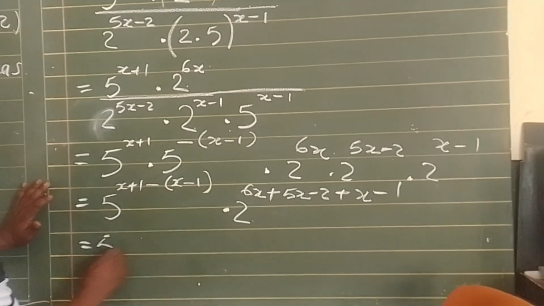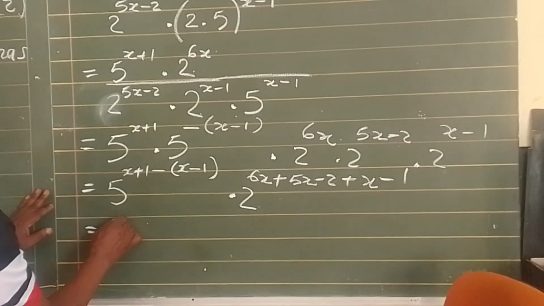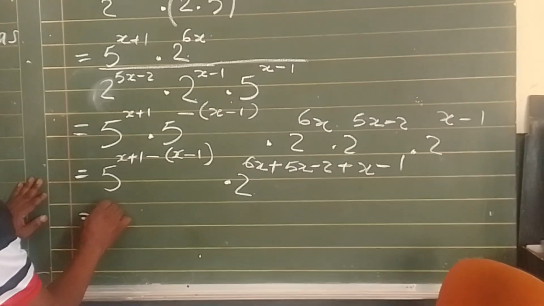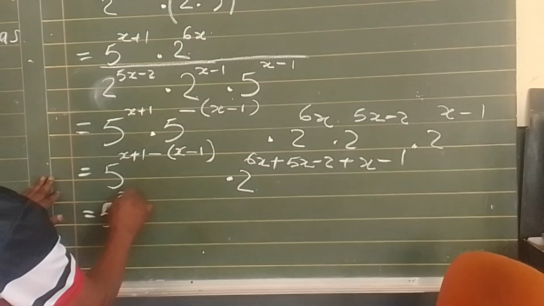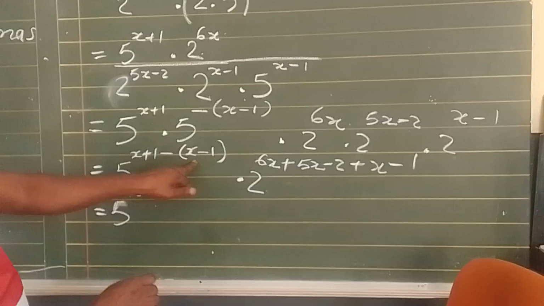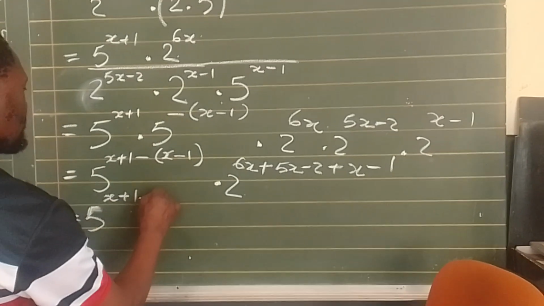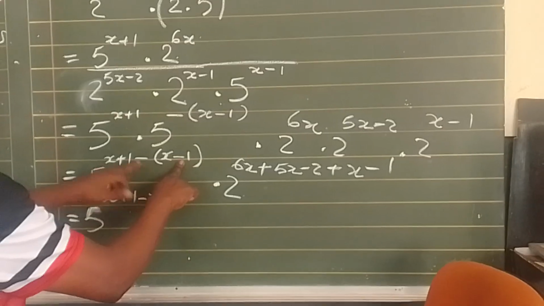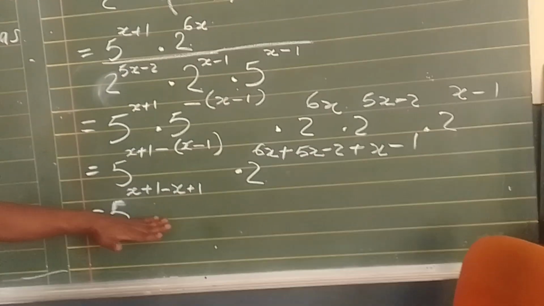Now it's 5 to the power x plus 1. Negative times positive x is negative x. Negative times negative is positive 1. I'm done with the 5.